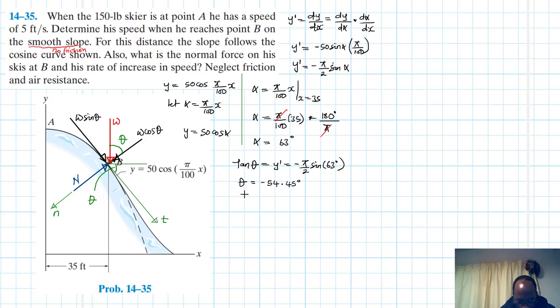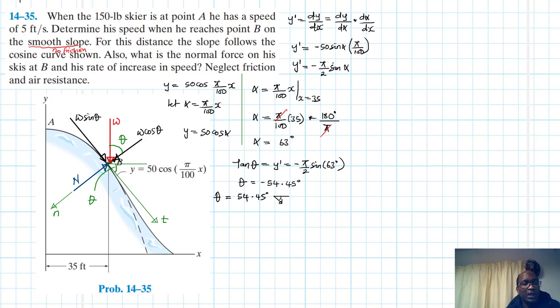When you look at this minus, it just shows that we are moving clockwise from that reference. So we can write theta is equal to 54.45 degrees. Great.